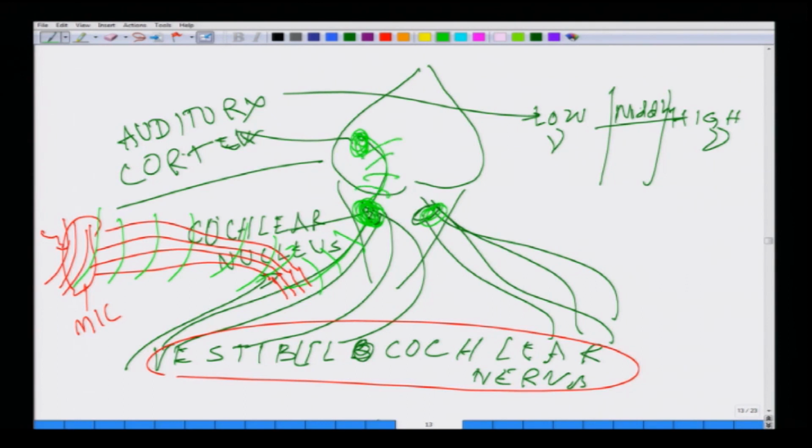Of course, this assumes that the auditory cortex, the vestibulocochlear nerves and the cochlear nucleus are all functioning right.